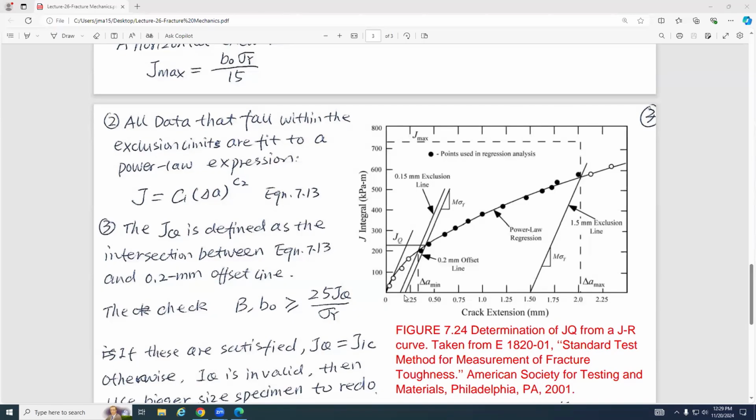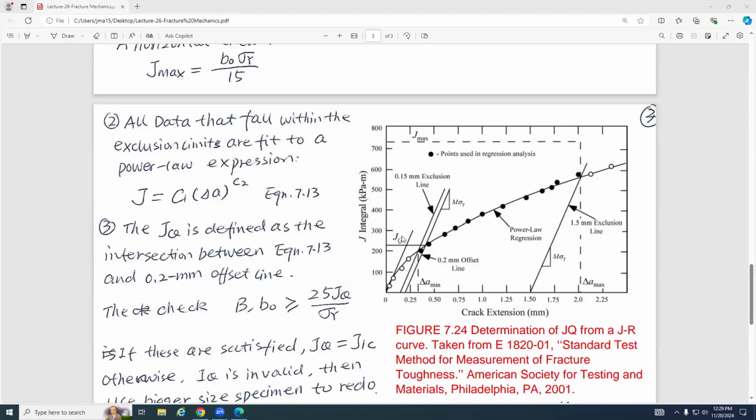At the very beginning we have the 0.15 exclusion line, but just a little bit away from it we draw another line, 0.2 millimeter, that is parallel to this exclusion line and has the same slope, M sigma y. This line and the best fit line have an intersection. So this intersection is the JQ. Right?